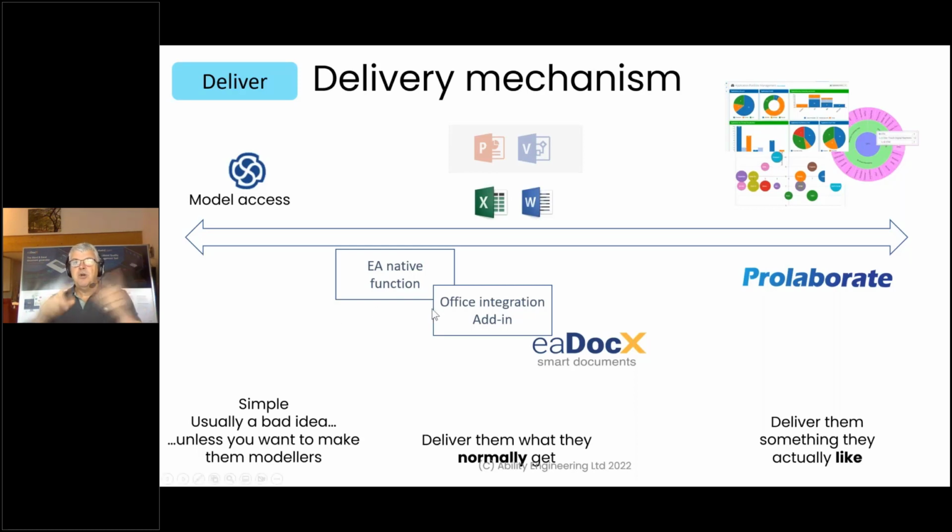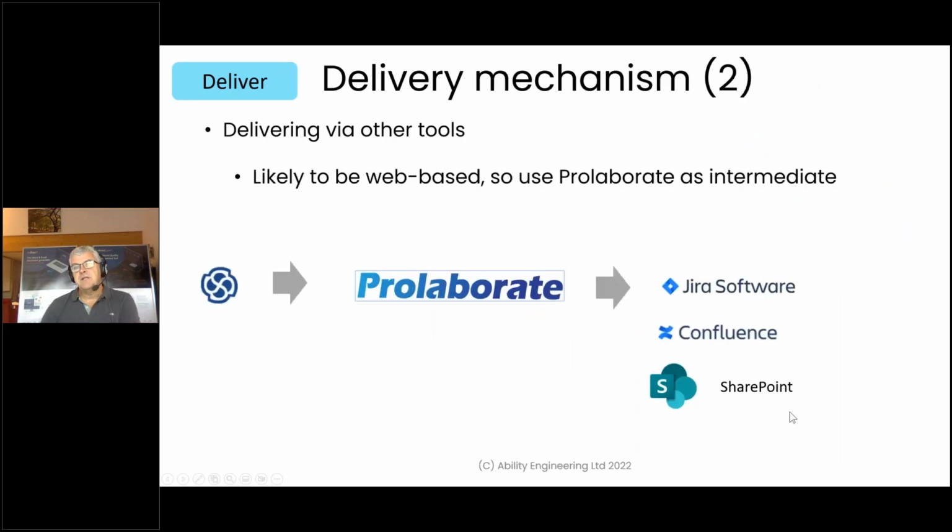There's an option that's kind of not on this scale somewhere, so I put it somewhere else, which is that they may want it delivered to some other format. So a Jira or Confluence or a SharePoint or lots of other tools. And the answer there may be to say, we'll actually use Collaborate in between your Sparx model and those tools and move it through Collaborate to do that, because Collaborate's got all these kinds of funky interfaces that let you talk to all these different web-based tools.